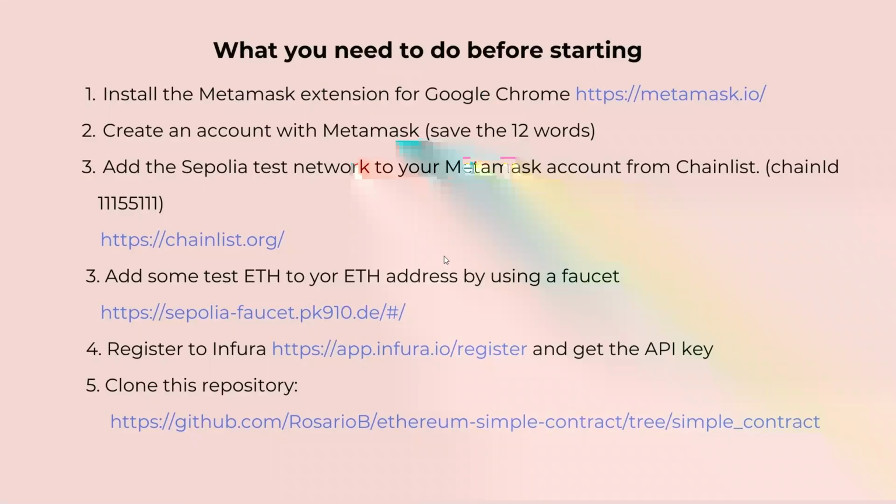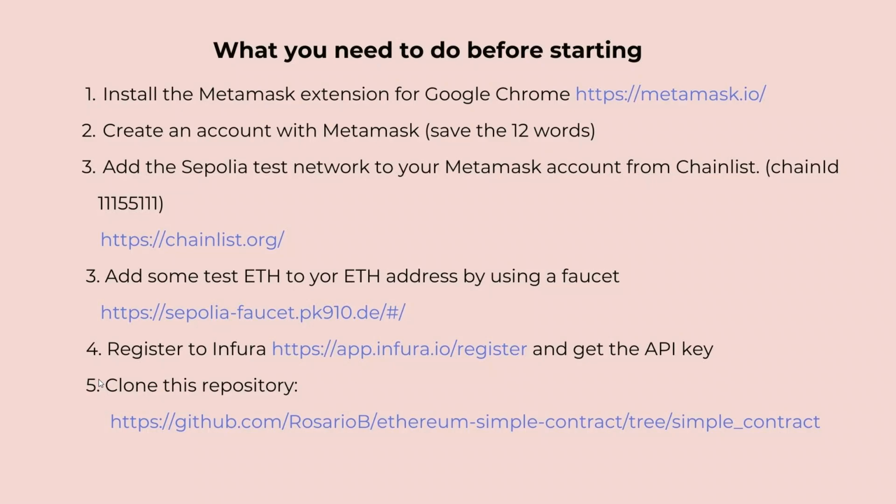Then we need to register to the Infura webpage and get the API key. Basically, Infura is a service which exposes this API, which allows us to interact with a lot of Ethereum networks.